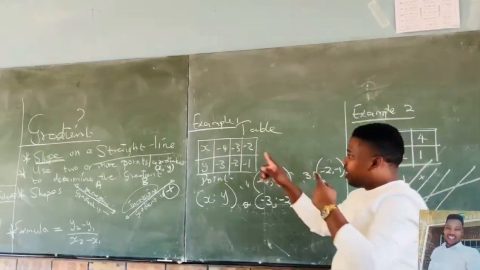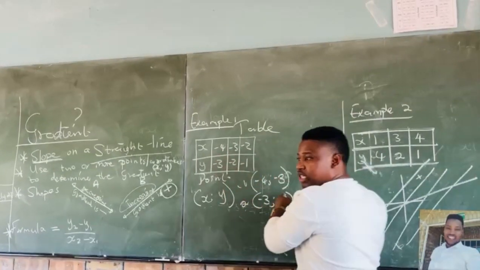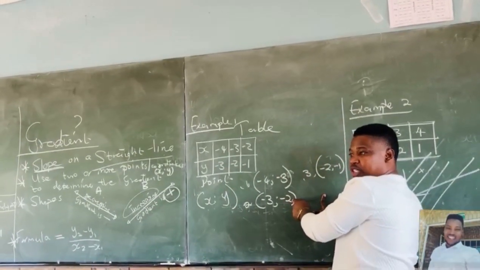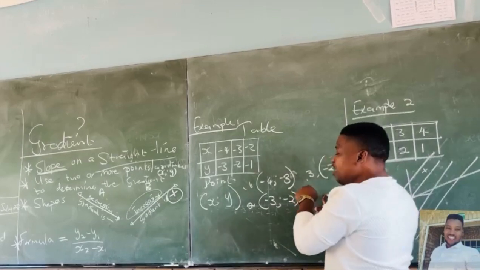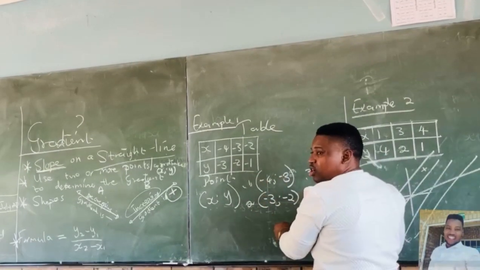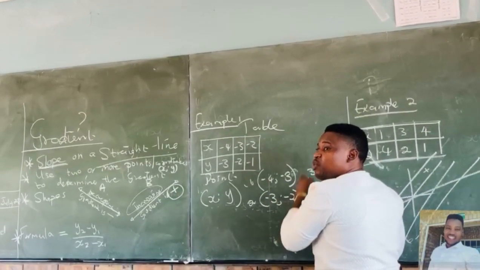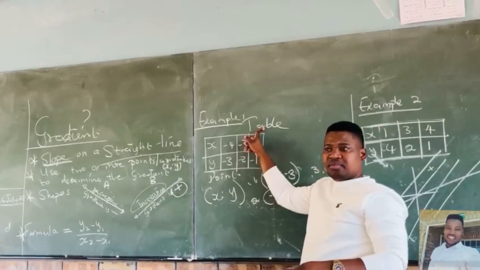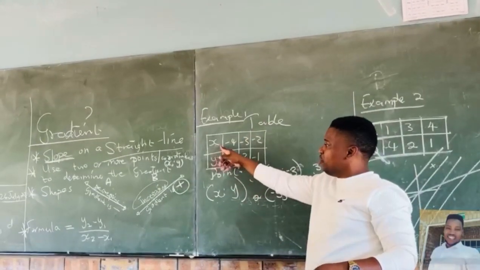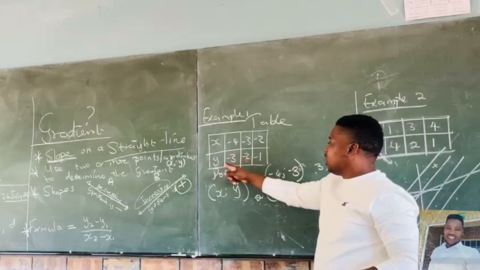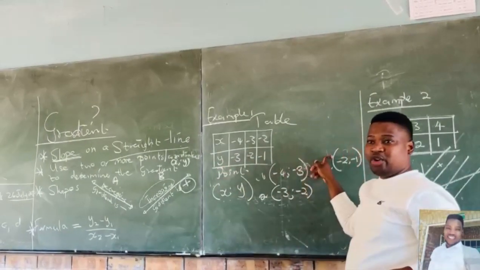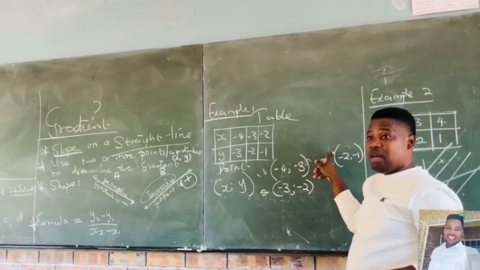You see, when you are given a table, it is obvious that you can take out the points or the coordinates. If initially you were given the coordinates, it was easy for you to draw. All the x's will be lining upward, the y's will be lining downwards. Are we clear?